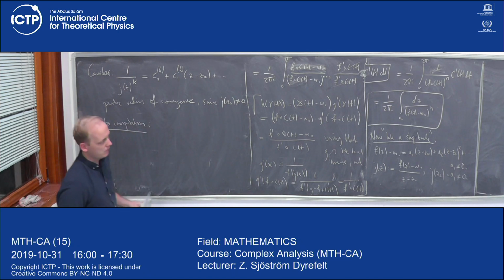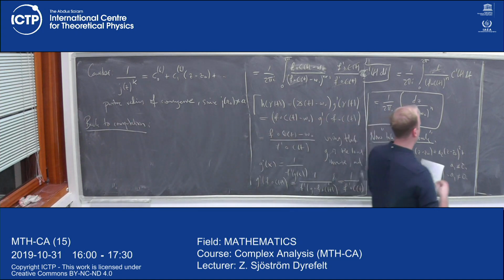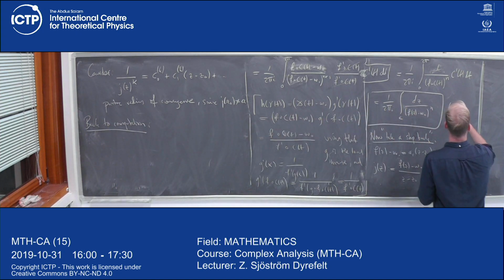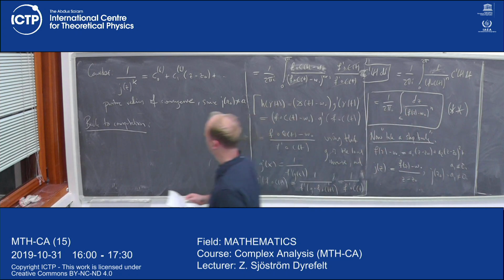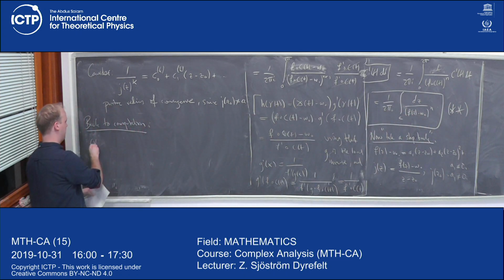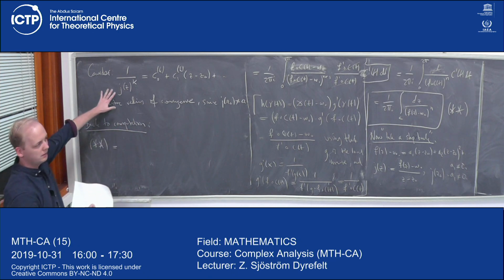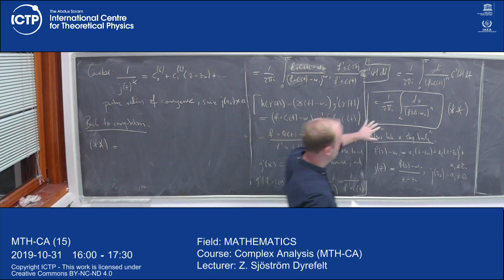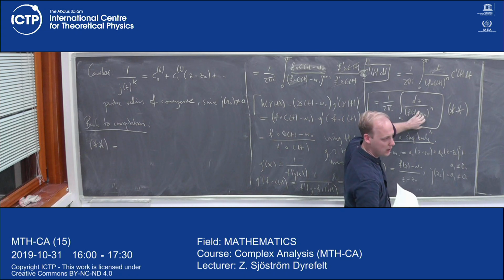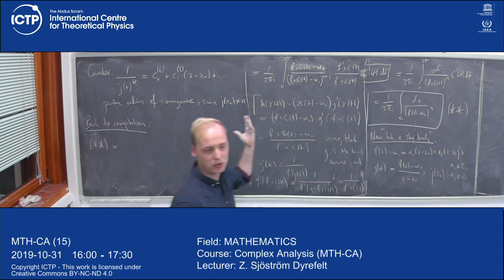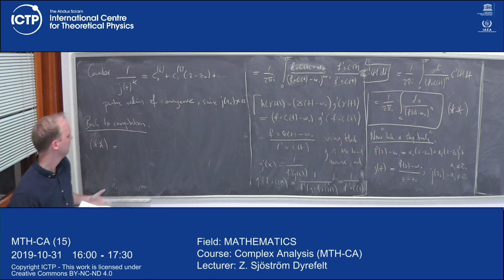Back to the computation. So we stopped here. Let's call this double star. So now the double star is equal to, what I did is that I took this thing here, up to a factor of z minus z0, and wrote it as a convergent power series in a small neighborhood.